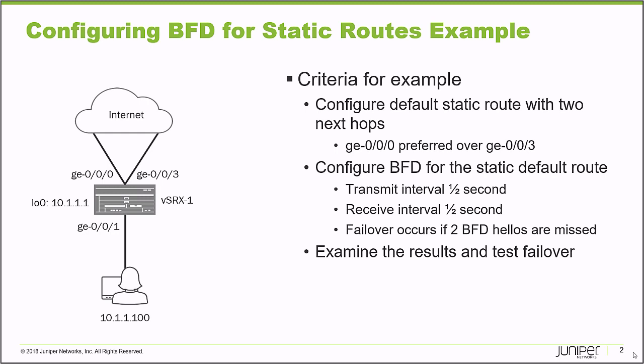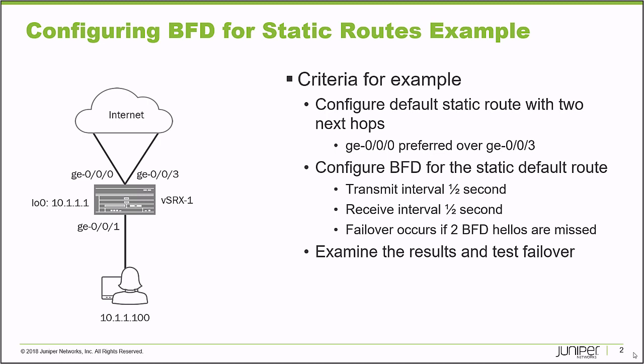With BFD, we want to configure a transmit interval of half a second, a receive interval of half a second, and we want failover to occur if two BFD hellos are missed. That basically means we'll have up to 1 second of downtime. Then we'll examine the results and test the failover.